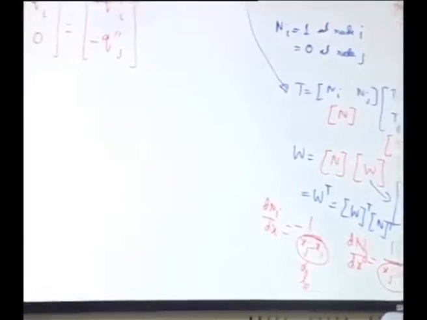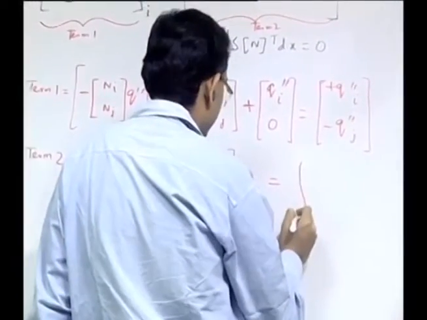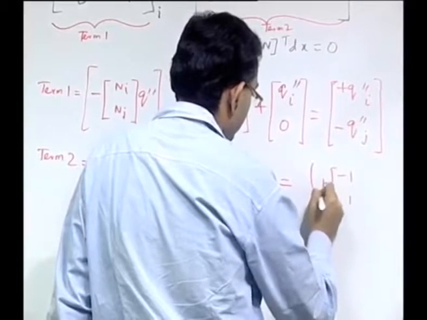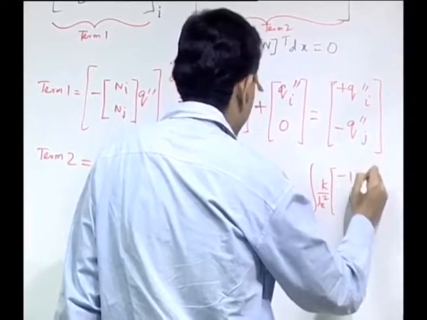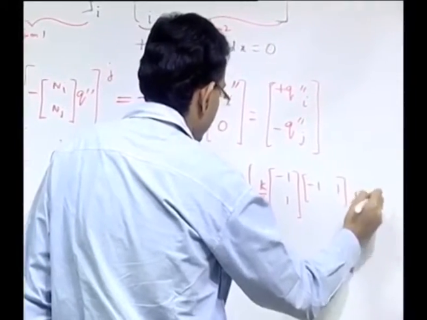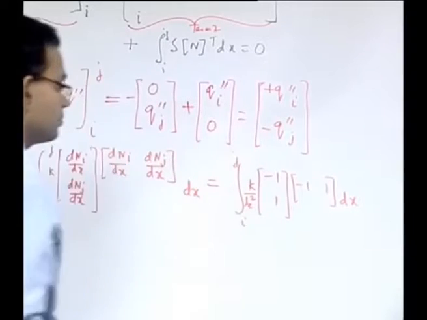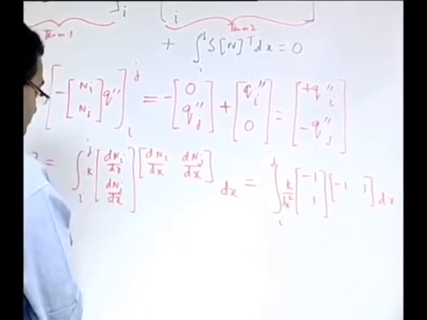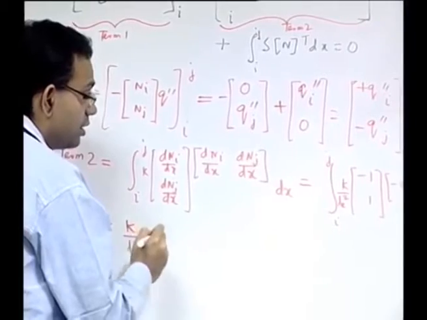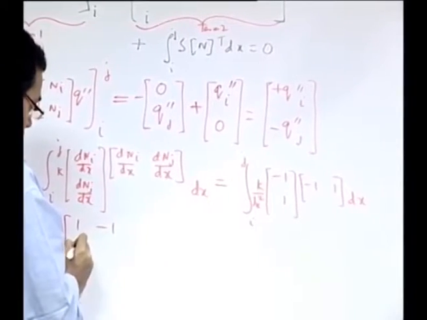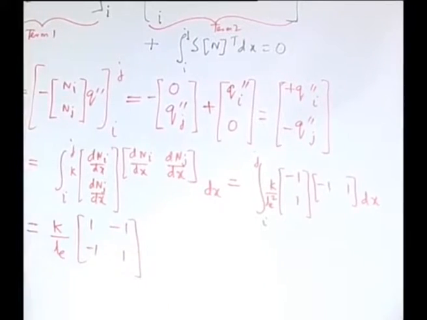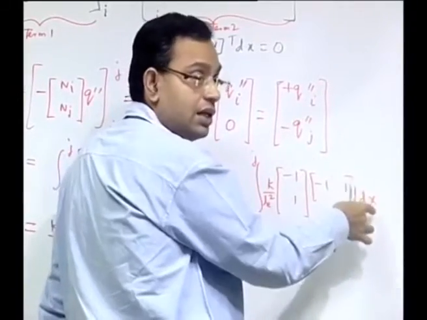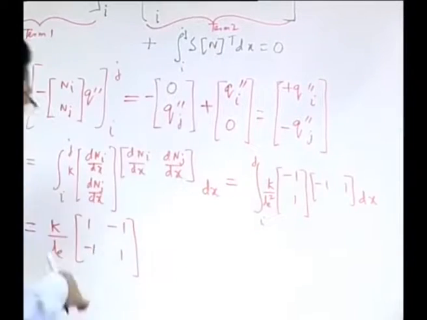So let us consider that for the integration. So this will become k by Le 1 minus 1 minus 1 1. 1 Le will come additionally, integral of dx from I to j will be Le. So that Le will cancel with Le square to make 1 by Le.